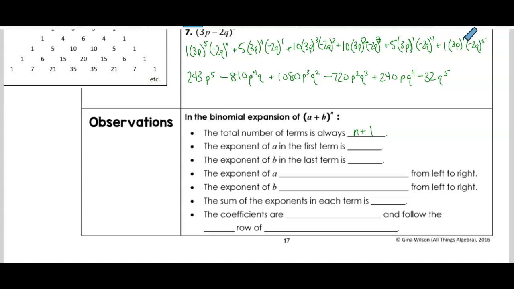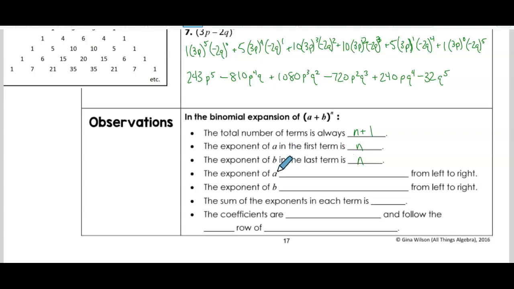So that's why it's n plus 1 terms. The exponent of a will always start at n, and the exponent of b ends at n for their powers.